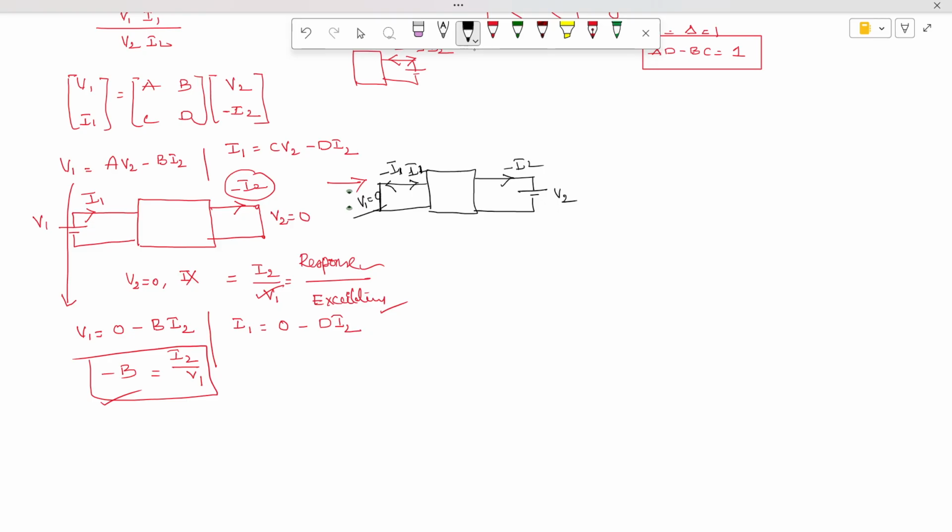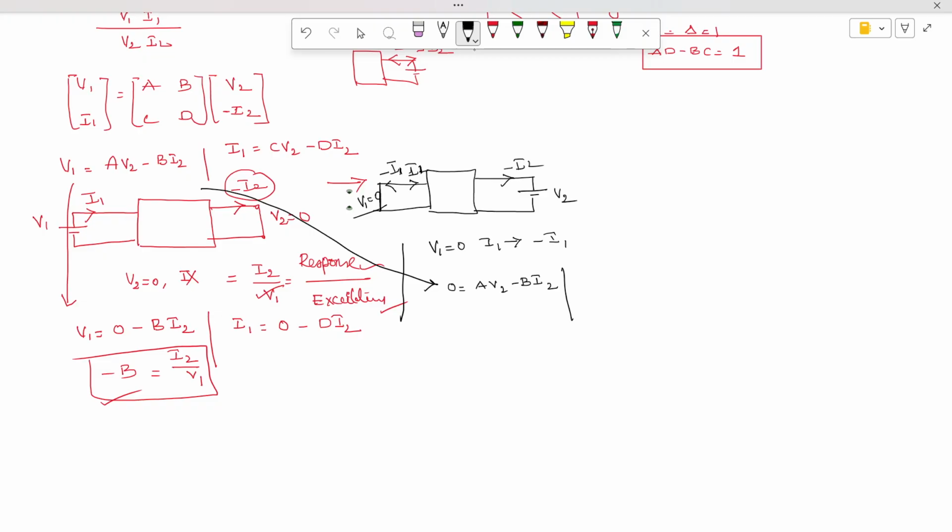Now substitute V1 equal to 0 and I1 equal to minus I1 in the transmission line parameter equations. V1 is 0, that is equal to A V2 minus B into I2.